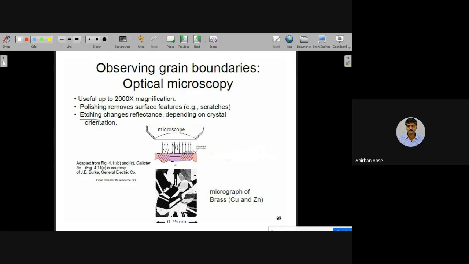That is why the surface generated after the chemical reaction has a different refractive index, and when light reflects from those surfaces it is different, so it is easily possible to distinguish the grain and the grain boundaries. This definitely helps you to identify the grain size if you can identify the grain boundaries clearly.